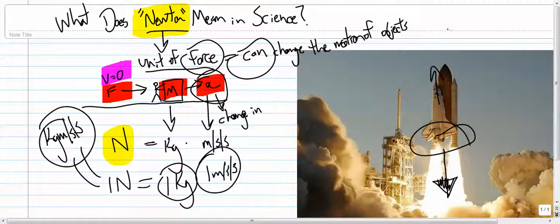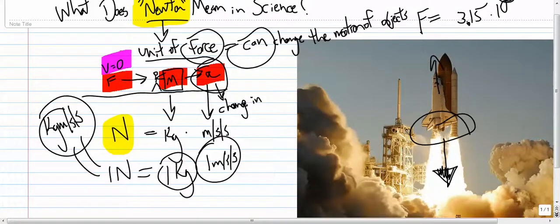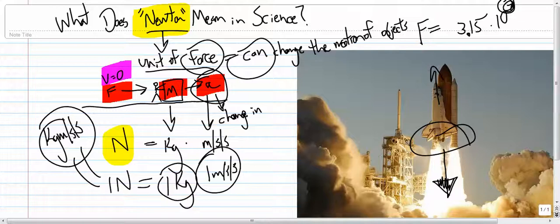Those rocket engines have a force, or if you're a space geek, you'd call it thrust. They have a force of about 3.15 times 10 to the 7th newtons. So what is that? 10 to the 7th is, you know, tens of millions. So the space shuttle had a force of tens of millions of newtons.